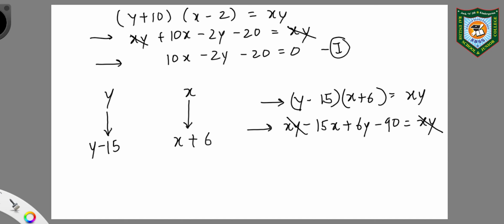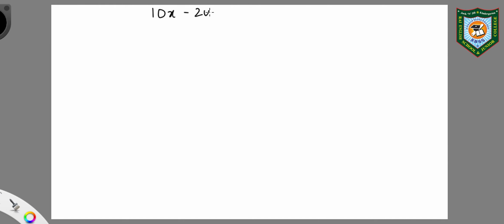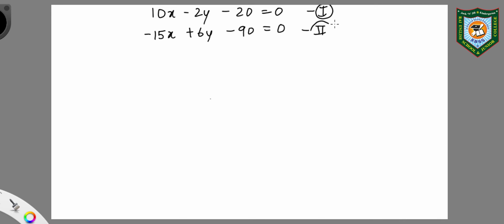Xy cancels, so I am left with minus 15x plus 6y minus 90 is equal to 0. This is my equation number 2. Now writing both the equations, I have 10x minus 2y minus 20 is equal to 0, this is equation number 1, and I have minus 15x plus 6y minus 90 is equal to 0, this is my equation number 2.